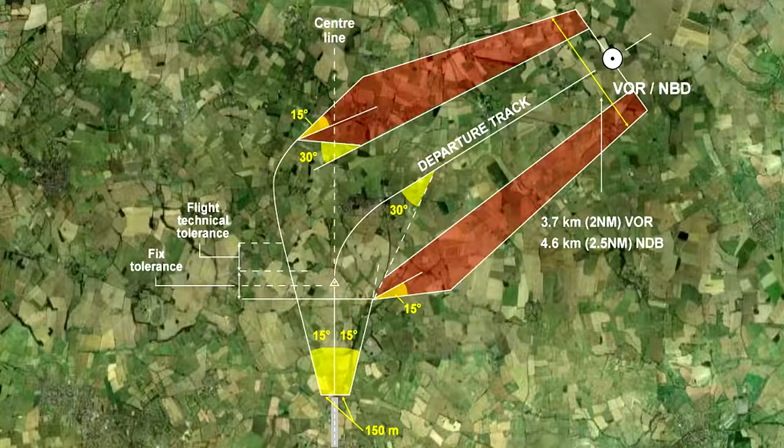We will look at this in more depth later. If a departure requires a turn of more than 15 degrees, a turning area is constructed, and the turn required is to be commenced upon reaching a specified altitude or height at a fixed facility, like a VOR or NDB.